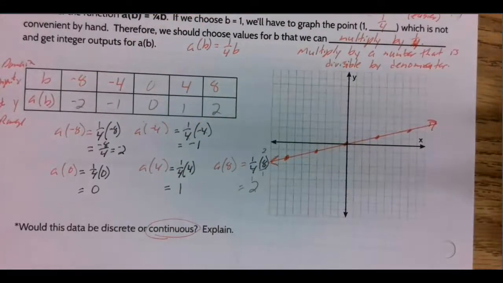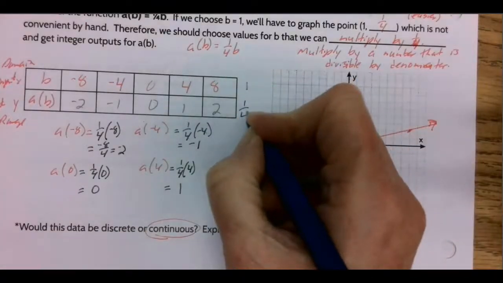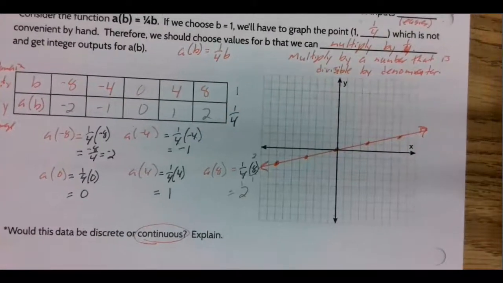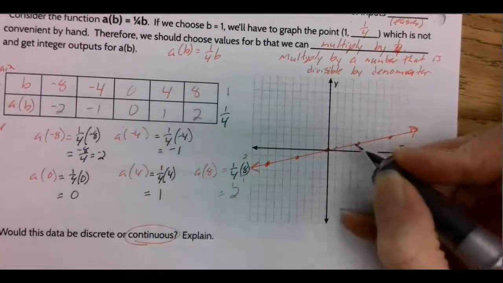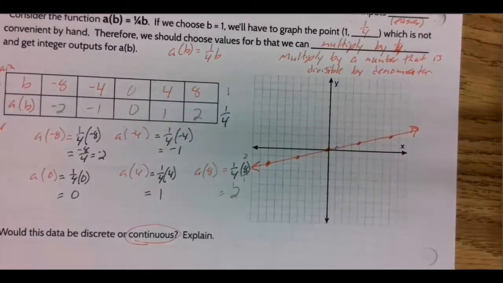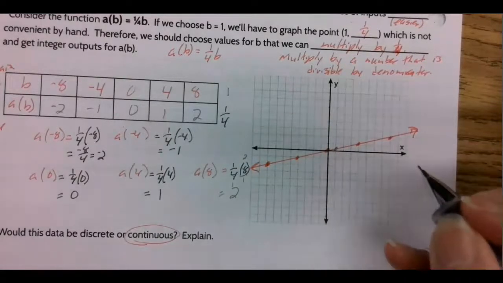Why? Because a line, because you can plug in fractions and decimals. I'm going to show you how you would graph it if we would have plugged in 1. So if we would have chosen 1 here, we would have gotten 1/4. Let me show you how you'd graph that just for future knowledge. Here is 1, and see how 1/4 is going to be about right there. That's as exact as you have to be. So if I'm going to ever graph a fraction, I just have to get it someplace in between.